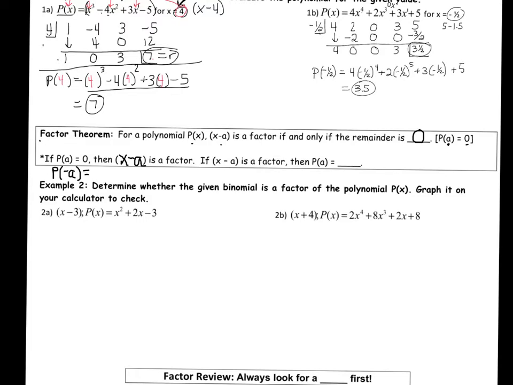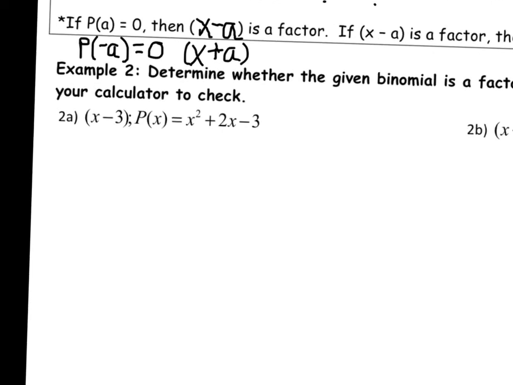If you had a negative number that you were plugging in, then x plus a would be a factor. And the other way around, if x minus a is a factor, it means that your remainder is 0. If you were to plug in the number, you'd get 0 in the box when you type it in. So let's apply that to these examples.